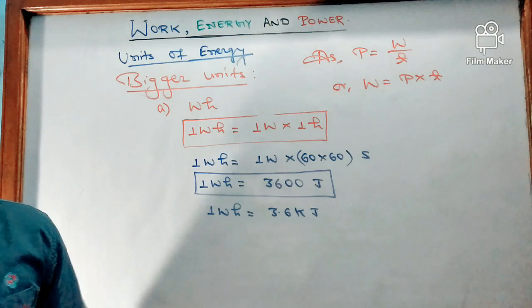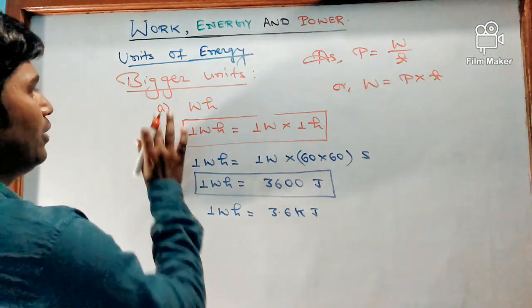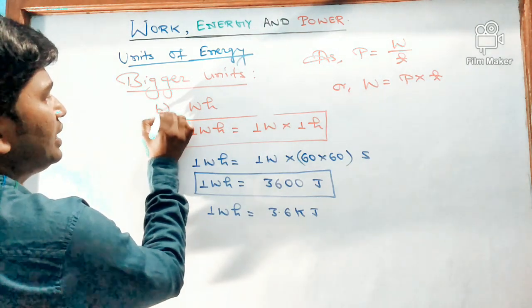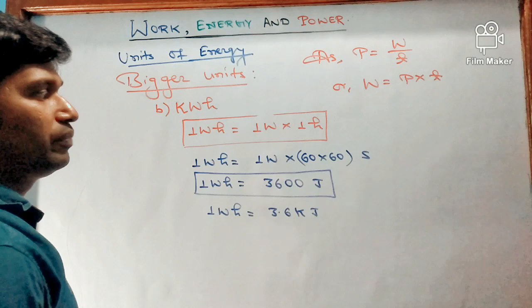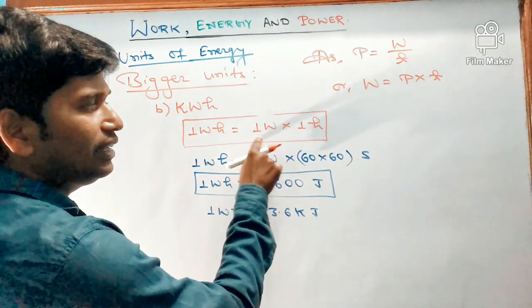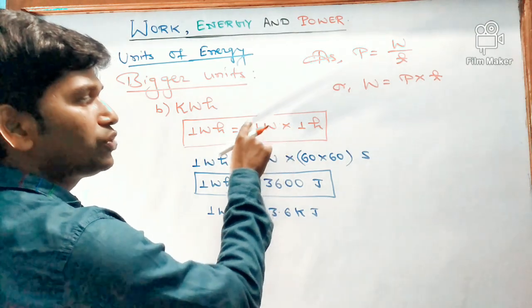Let us see the other unit. The second one we are talking about is kilowatt hour. So what is kilowatt hour? As we have just seen, the power spent was 1 watt.